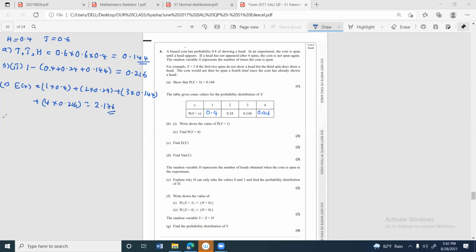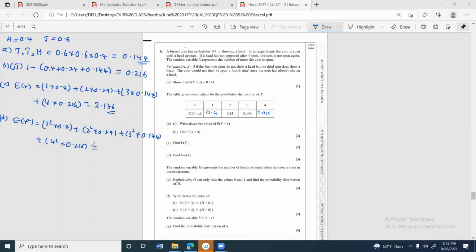Then Var(X). To find Var(X), initially we need to find E(X squared). That is 1 squared into 0.4 plus 2 squared into 0.24 plus 3 squared into 0.144 plus 4 squared into 0.216.